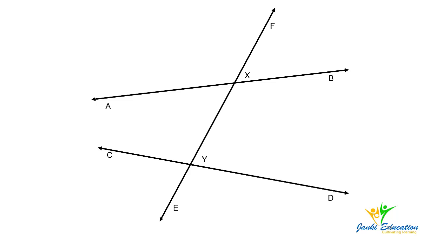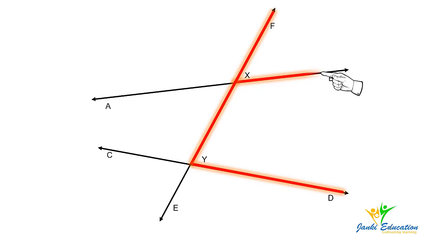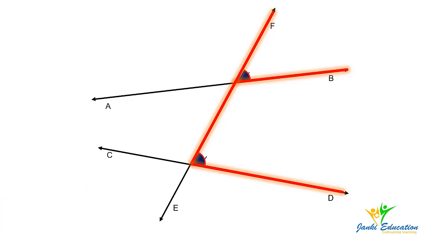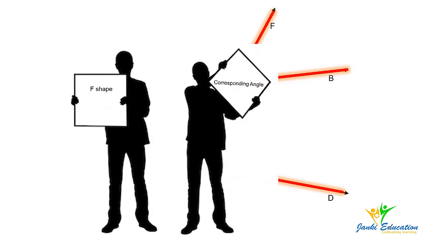Okay, now again, can you see one more F in this diagram? Maybe. Let's check it out over here. It goes like this and this one. So these two angles, please look very carefully which two angles we are talking about. These two angles are called corresponding angles because they are in the F shape. Clear?